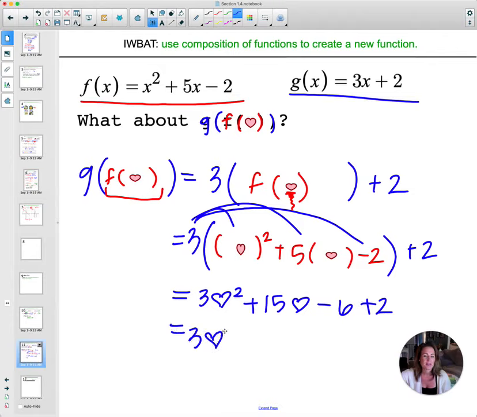So we just have 3 heart squared plus 15 heart, and then these are like terms. So -6 plus 2 is -4. And so that would be your final answer for g of f of heart. So you plug the heart into the red function and then plug that whole thing into the blue function.